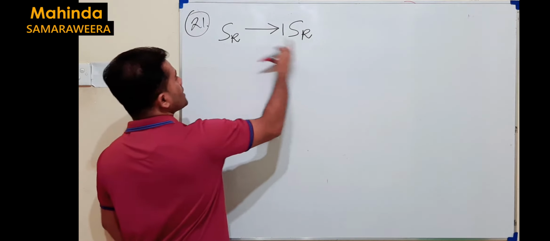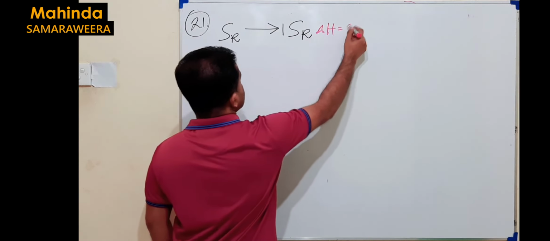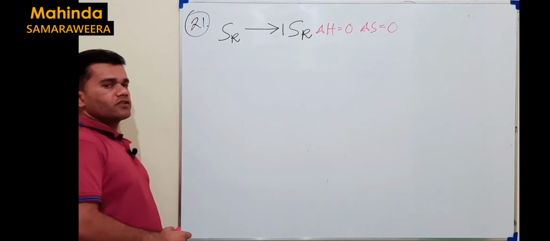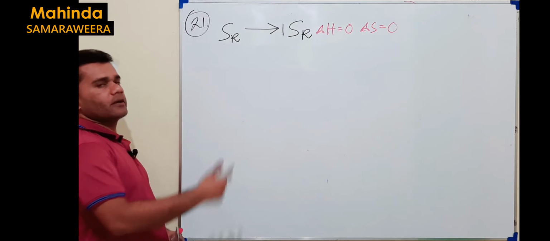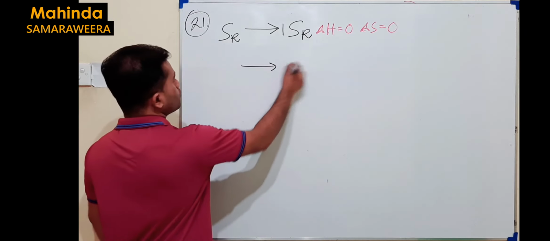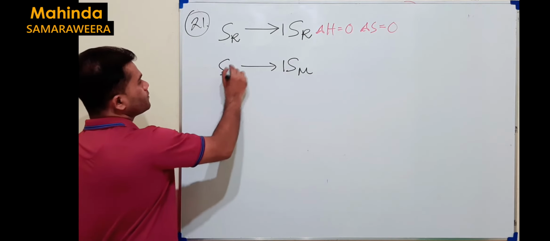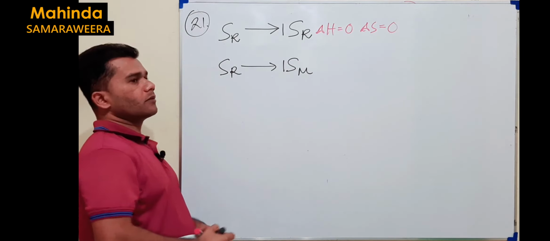Since both sides are the same, delta H should be 0, delta S should be 0.